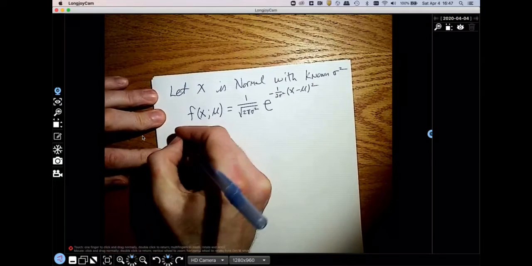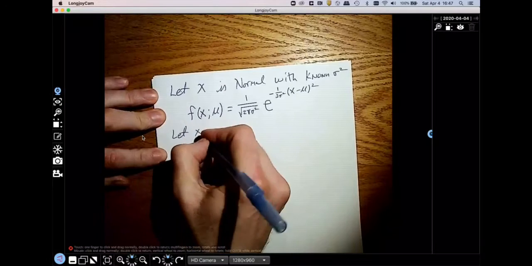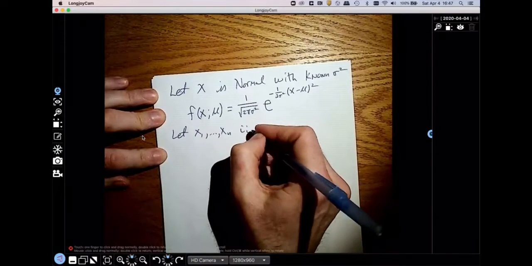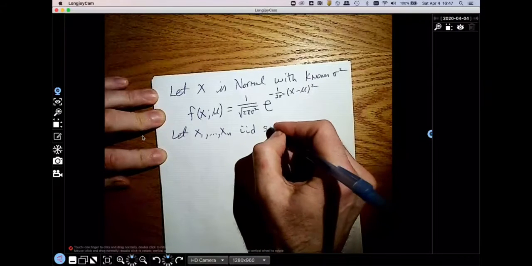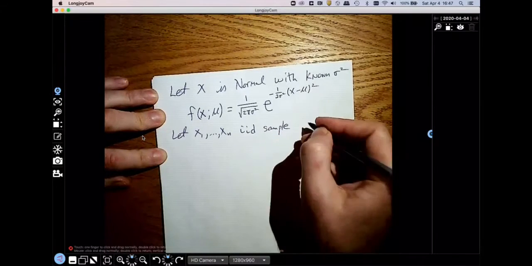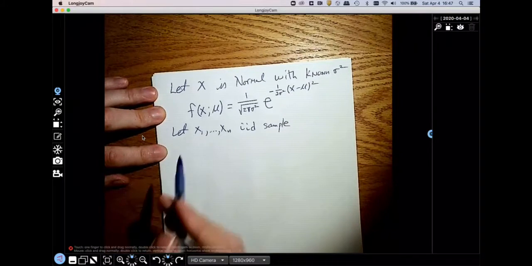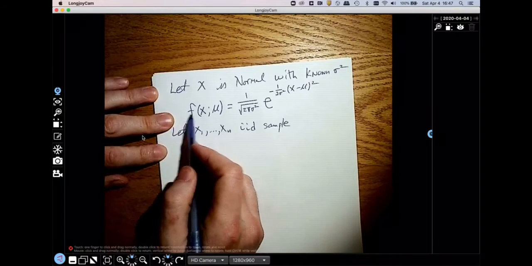Now, let's say I have x1 through xn as an IID sample from this distribution. So we've identified our PDF.